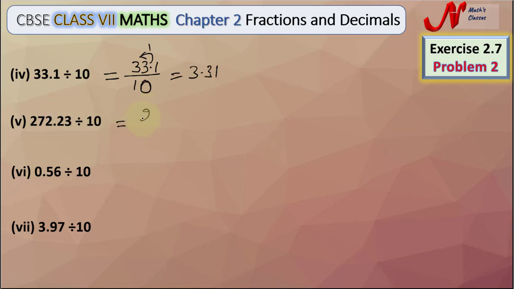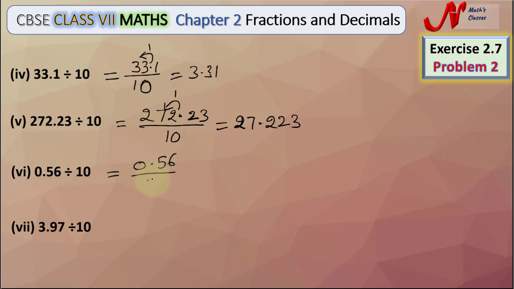In the denominator we have 10, so we shift the decimal point to the left by 1 place, so we get 27.223.